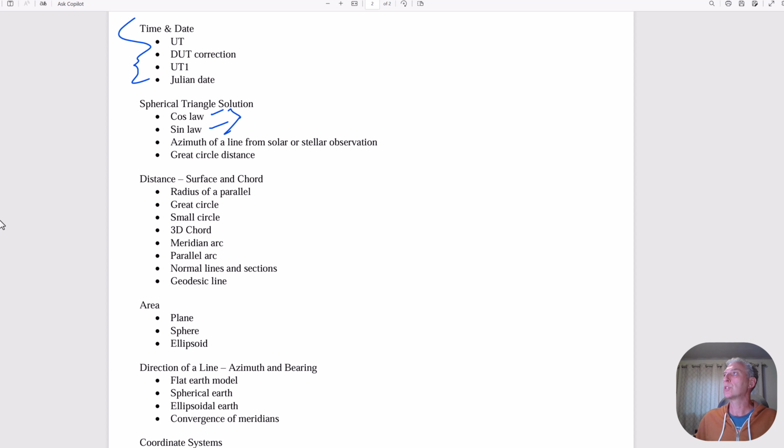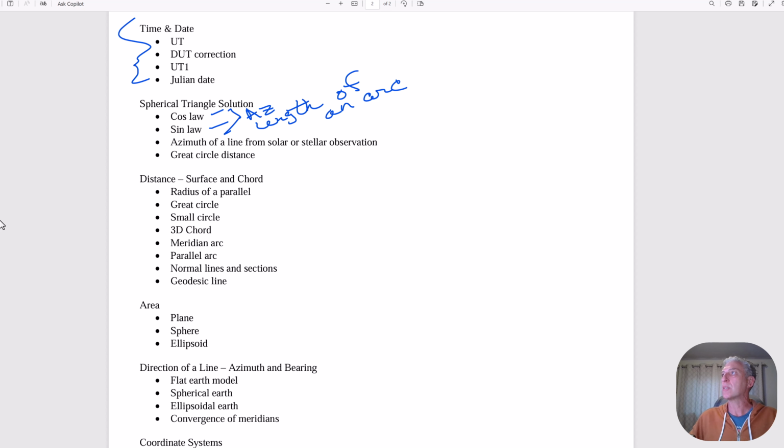We did that. We did length of a line, or length of an arc. Those are some applications that we've used the sine and cosine law for.